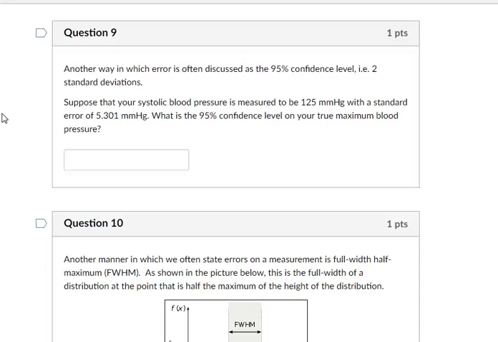We multiply the standard deviation by 2 and add it to the mean. That's our 95% confidence level on the maximum. Depending on how you're trying to control your blood pressure, you might actually be over and not know it because of your confidence level.